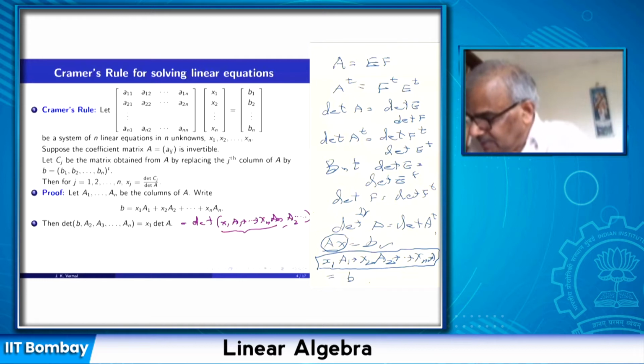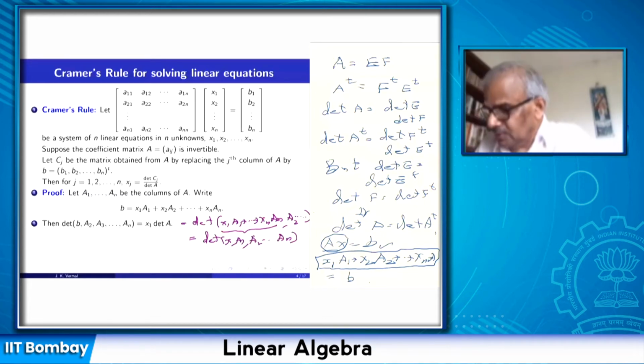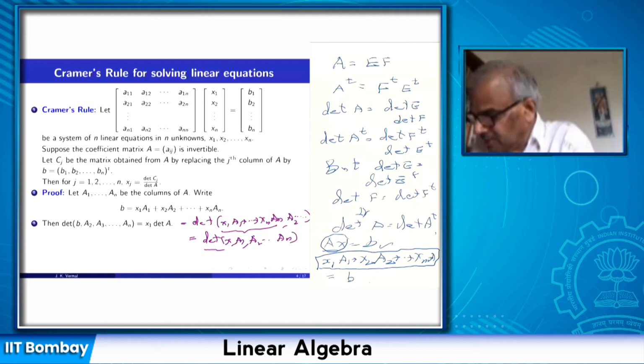After you apply multilinearity, the only term which will survive is the determinant of x1 A1, A2, up to An. The other terms will become 0 because you will encounter matrices which have two identical columns. So I get the determinant of x1 A1, A2, up to An, and again by multilinearity, this is x1 times the determinant of A. This is my matrix C1.